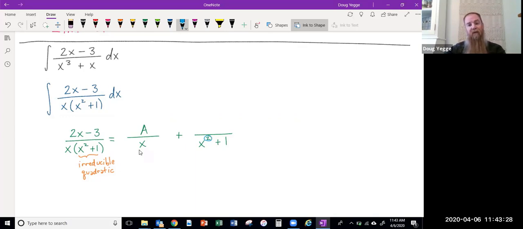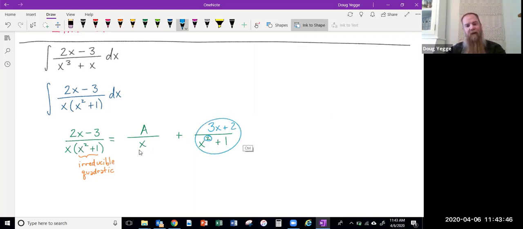Which means that it would still be a simplified fraction if this didn't just have a constant, like 3, but maybe if it had some linear expression on top. That would still be a simplified fraction right here.